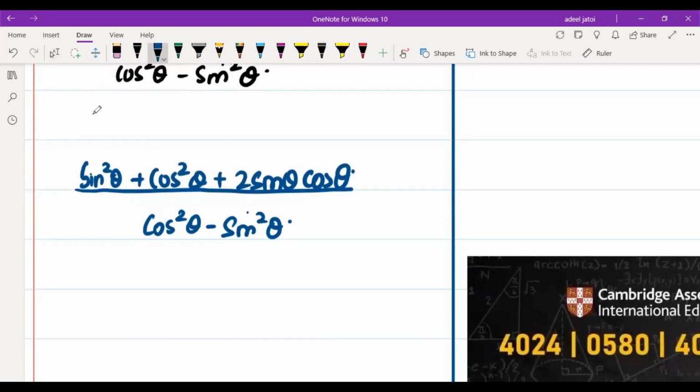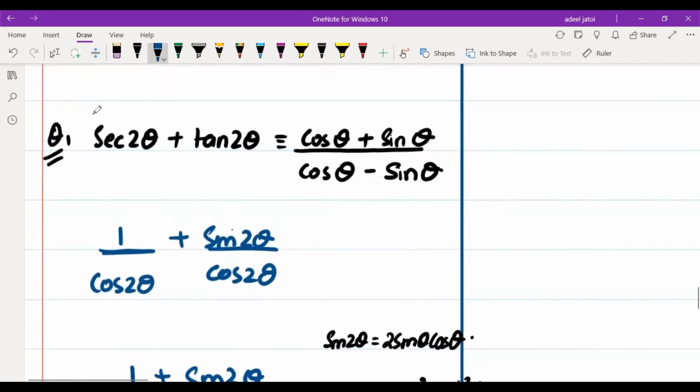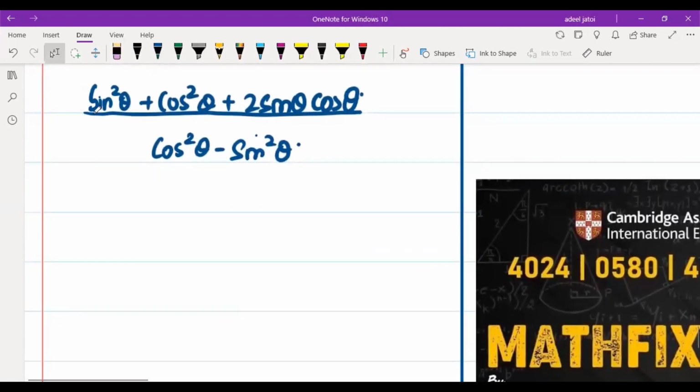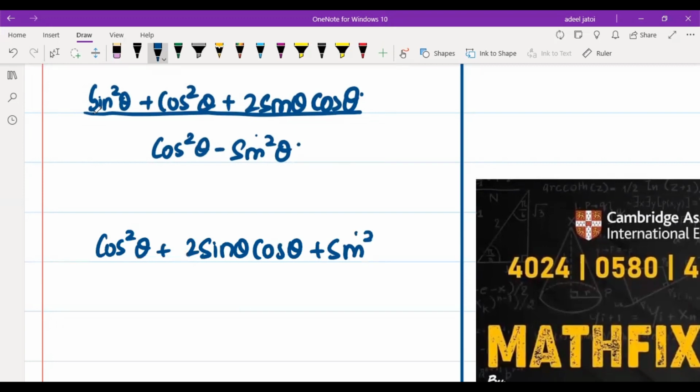Since I need cos square theta and sin square theta in the denominator, and even in the question it says cos theta minus sin theta, I'll make sure that we keep cos square theta initial and then write down 2 sin theta cos theta plus sin square theta, because in this form we can change this to an identity.